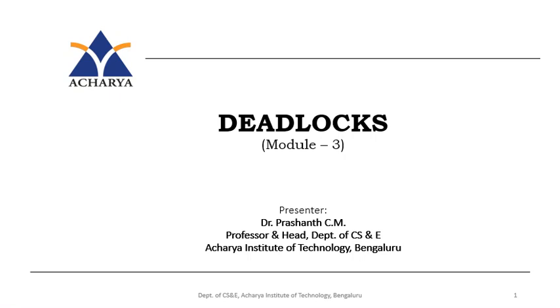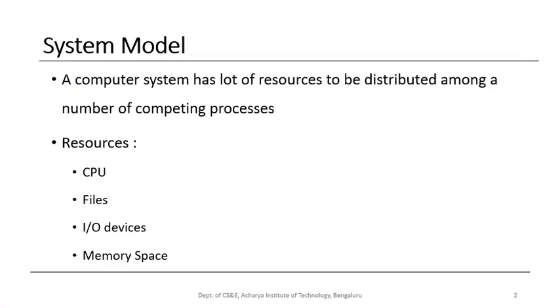Okay, I finished talking about several CPU scheduling algorithms and process synchronization techniques. I'll move forward and discuss deadlocks. Before I proceed, I want you to recall that a computer system has a lot of resources that are to be distributed among a number of competing processes.